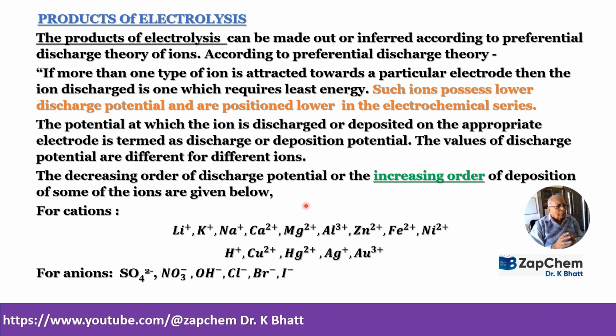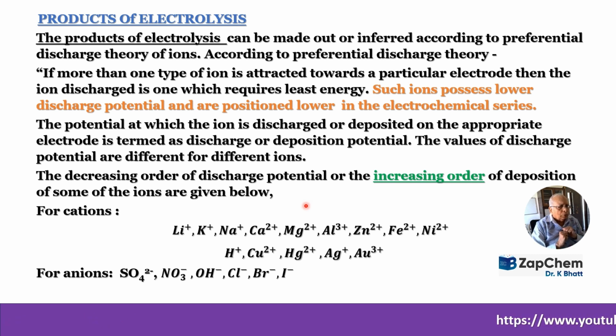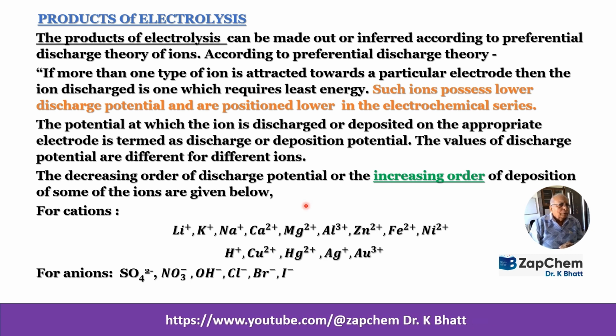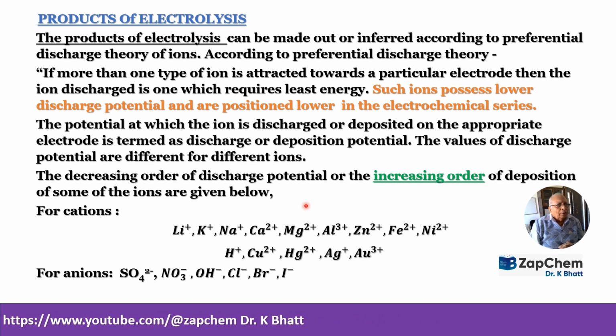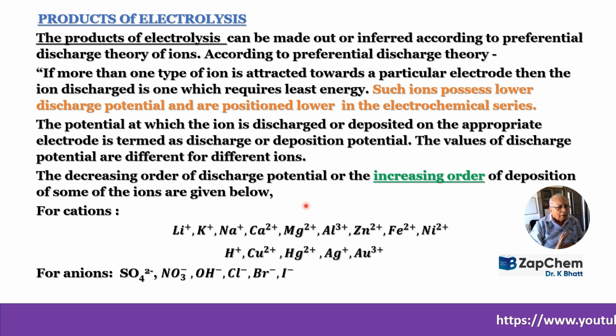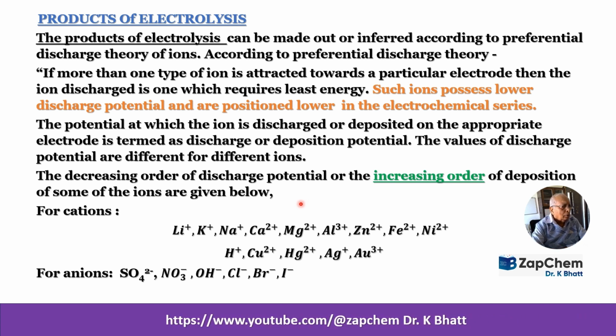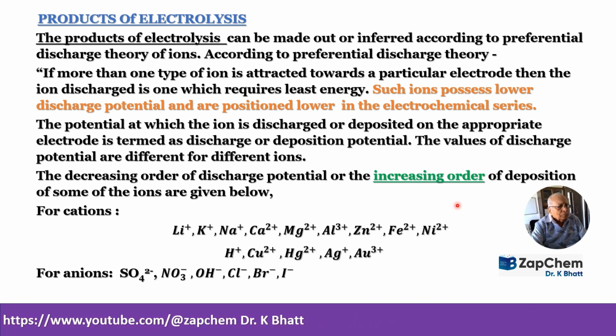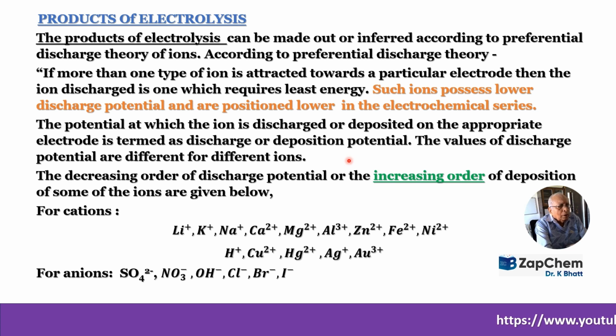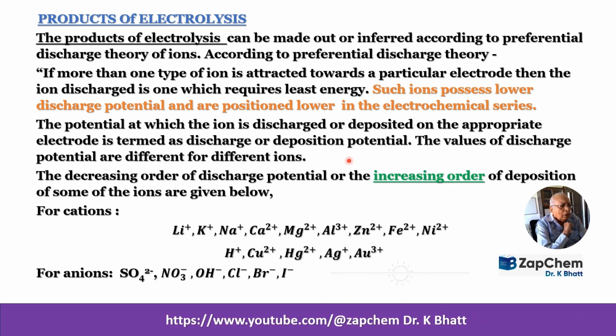But normally what happens is that an electrolytic solution is used, a solution in water. Then water, it is known to us, water itself gets ionized, forms hydrogen ion and hydroxyl ion, H plus and OH minus. Now, the electrolyte has also decomposed. Therefore, there are more than one ion present in the electrolytic solution.